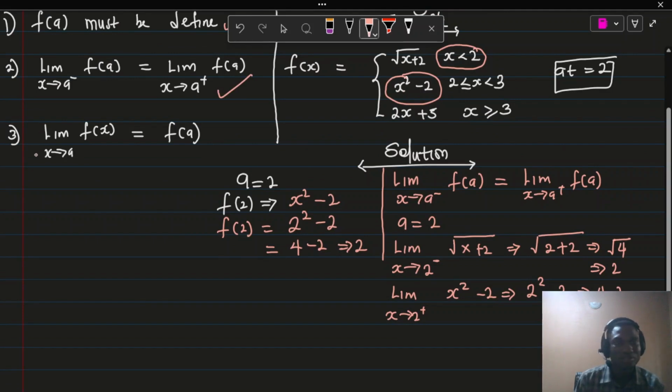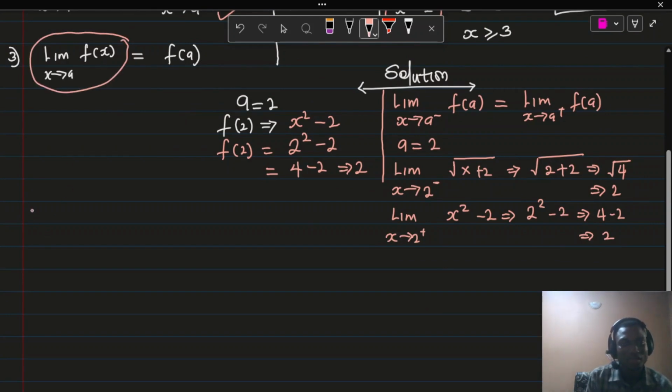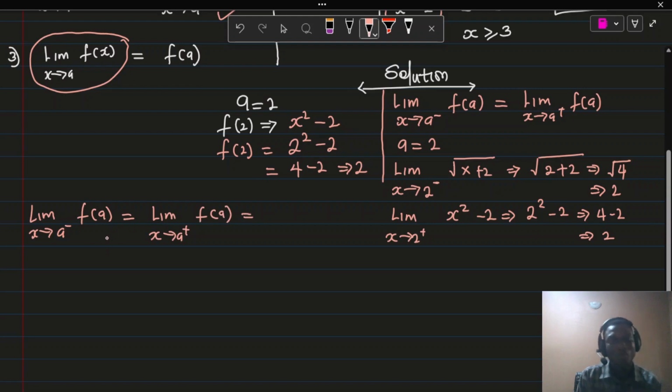Now, what is the last condition talking about? The last condition is saying that limit of f of x as x approaches a must be equal to f of a. Let me explain what this is talking about. In limit, whenever the limit as x approaches a from the left hand side of f of x is equal to the limit as x approaches a from the right hand side of f of x, once they are equal like that, then the limit as x approaches a of f of x is also going to be equal to the value.